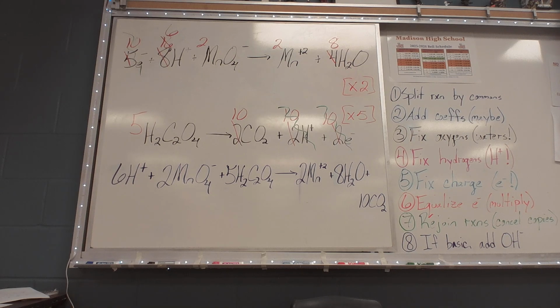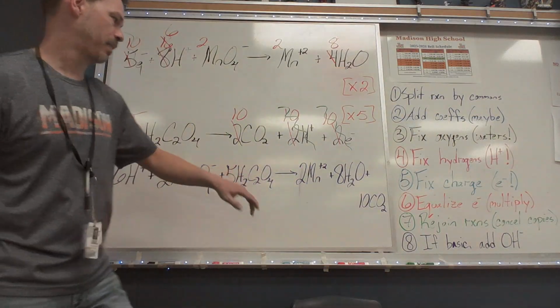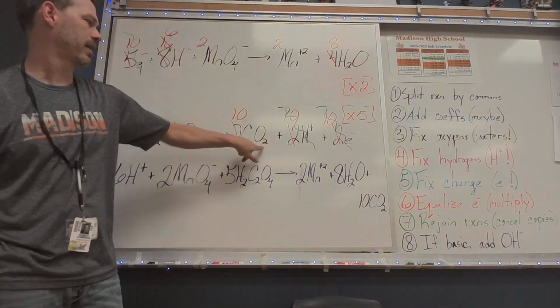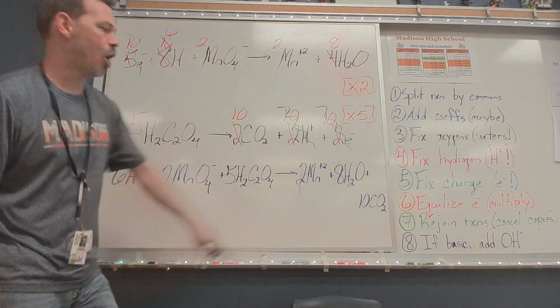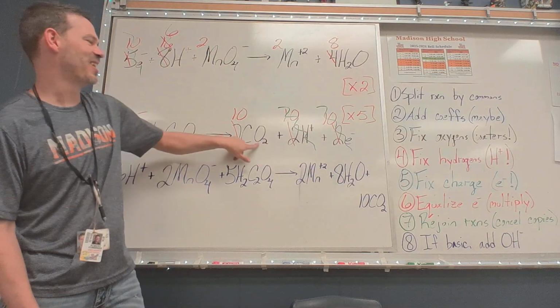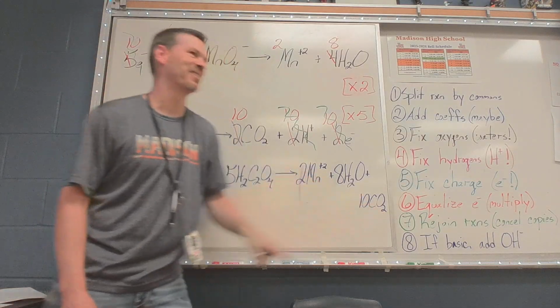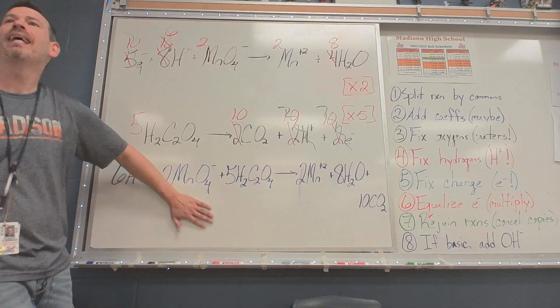Feel good about life right now? Wait, what you put in the bottom? I ran out of space. I put the 10 carbon dioxides. Yeah, y'all, this right here, it's not loco. All right, it's 10 CO2s. The purple is the answer.